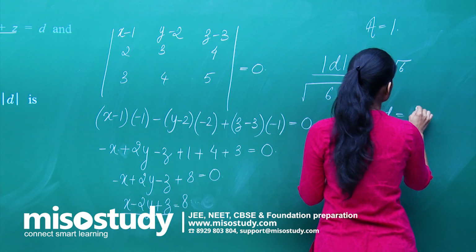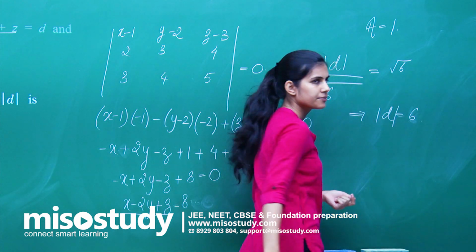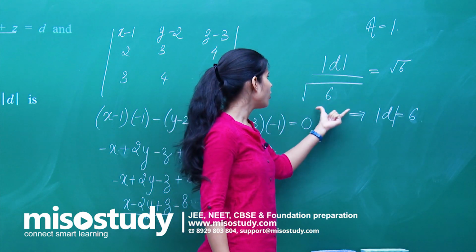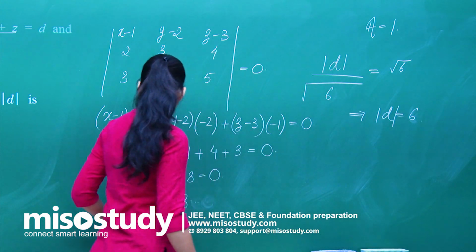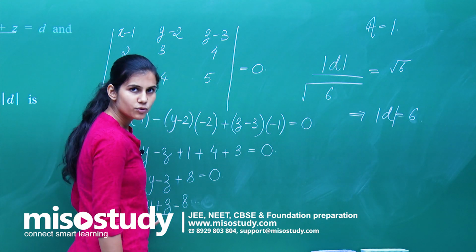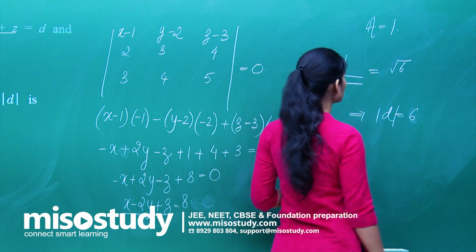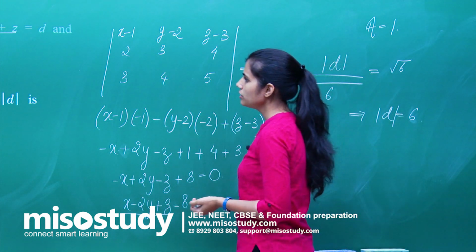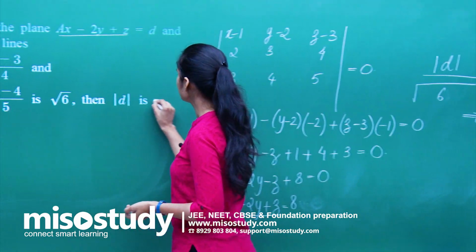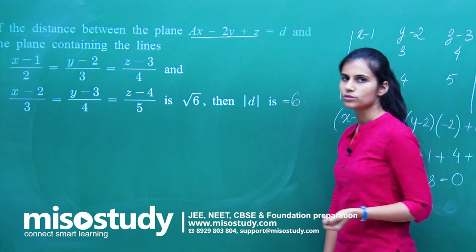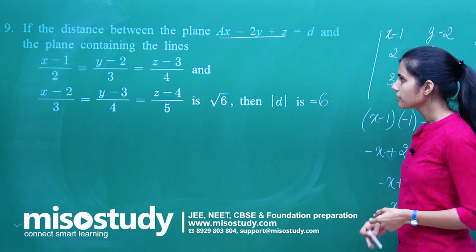So this is actually equal to 6. Isn't it? Mod d upon root over 1 square plus minus 2 square, which is 5, plus 1 square, which is 6. So root 6 is root 6, because that is what is given to you, and therefore your answer is that this is equal to root 6 into root 6, which is 6.